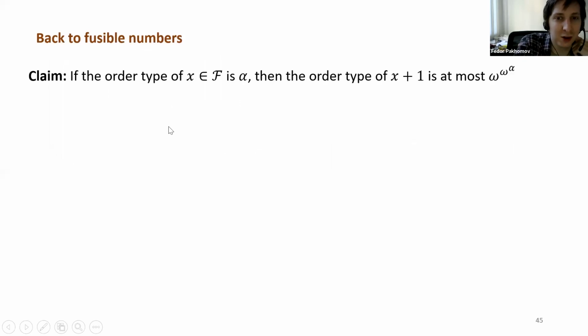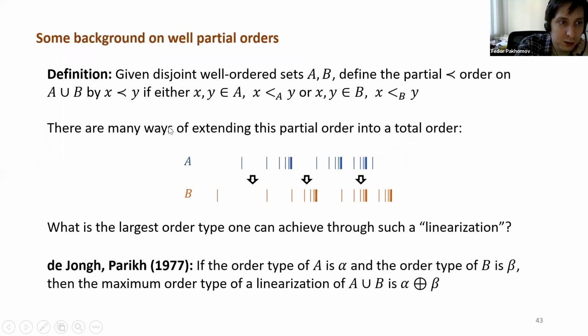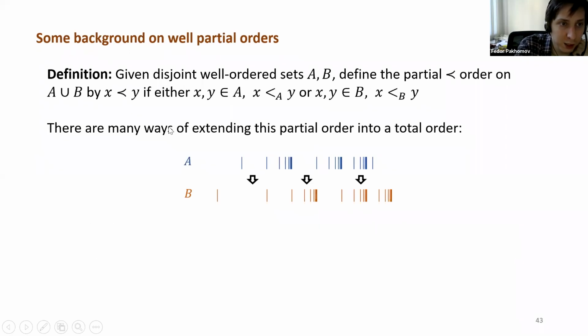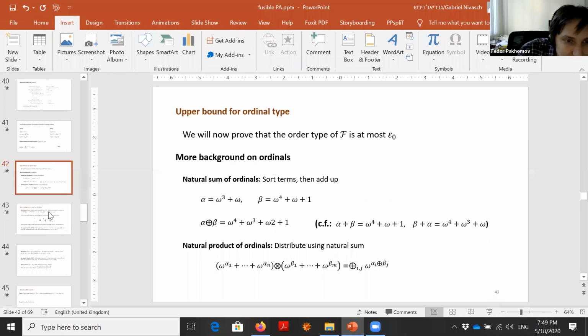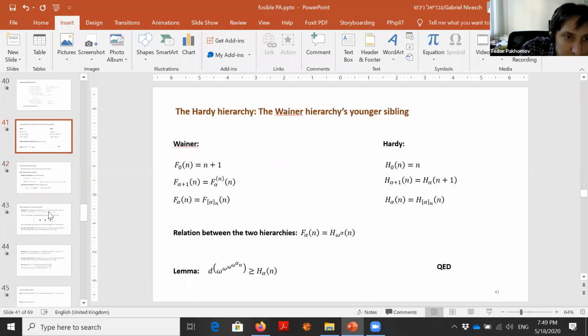Yes, this lemma. Here you have this tower of four omegas, right? I wondered how optimal this is.